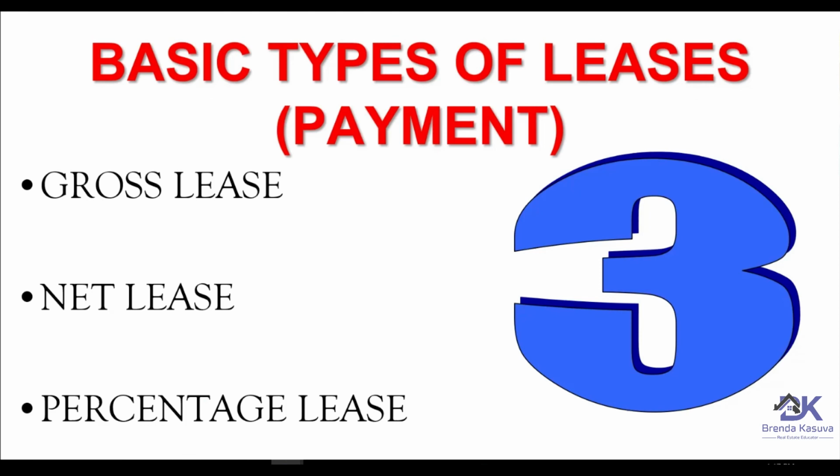That's a net lease. The way I remember this is gross is more of me on the residential side with an apartment. Net is more on the commercial side because they pay the rent plus the maintenance of the building and the outside. Percentage is more of a kiosk in the mall or a store in the mall. They're going to pay a flat fee plus a percentage of the sale.